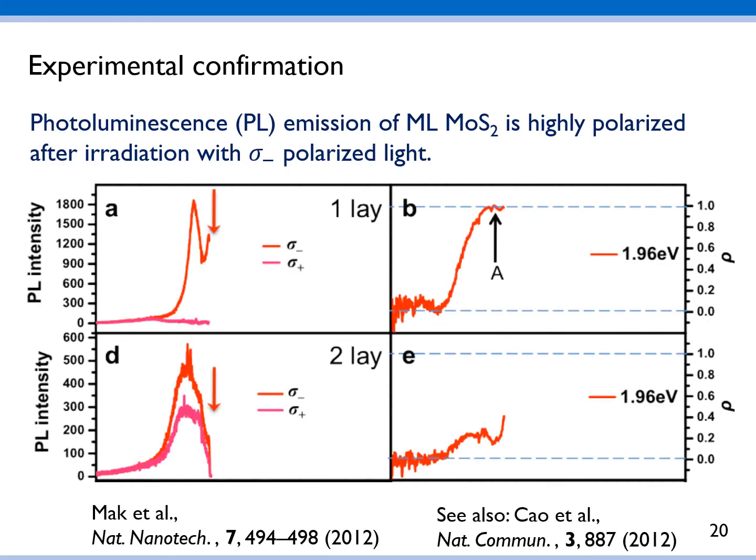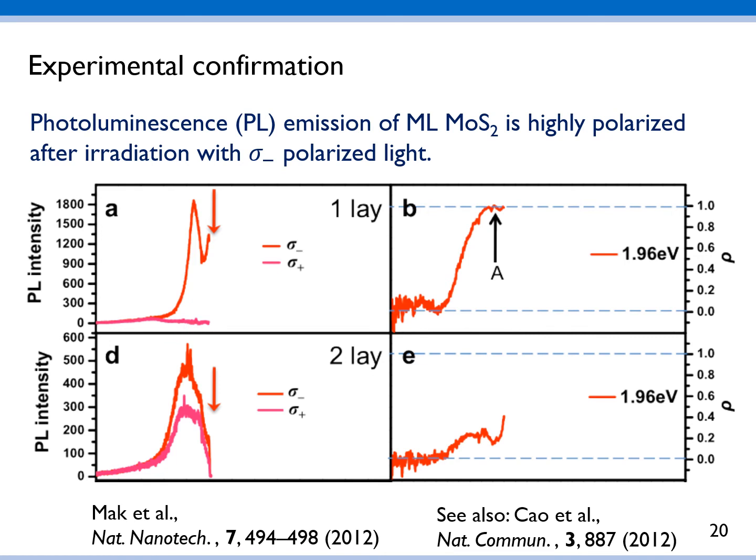Many experimental studies have been published that confirm those theoretical predictions of the optical selection rules. Here you can see the results of one of these studies. They shone sigma-minus polarized light on monolayer molybdenum disulfide, and afterwards measured the emission they got from exciton recombination. So you can see here in this panel that the sigma-minus emission is much stronger than the sigma-plus emission, and they got a polarization of 100%.